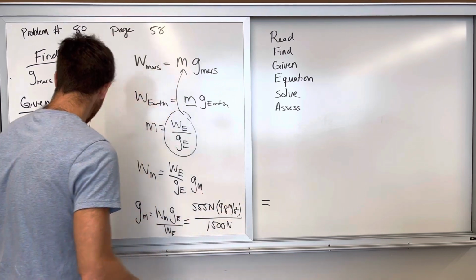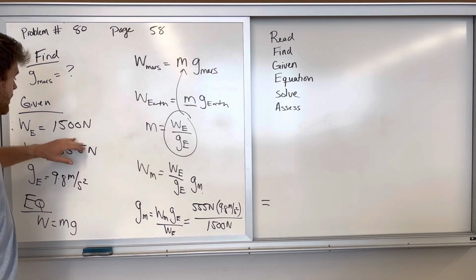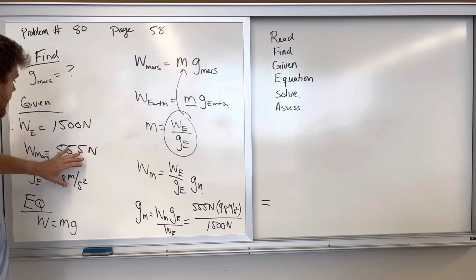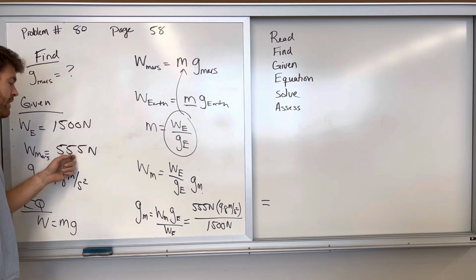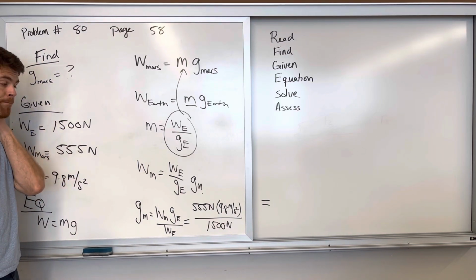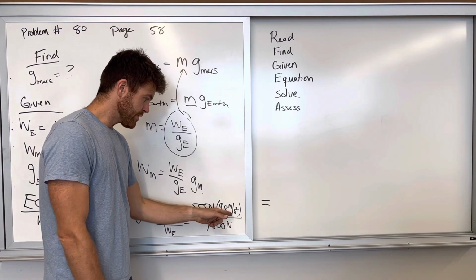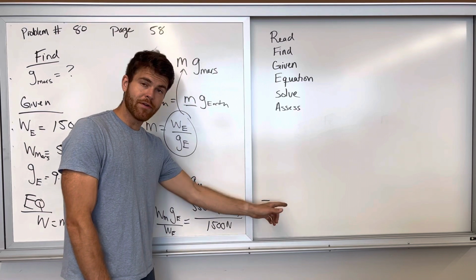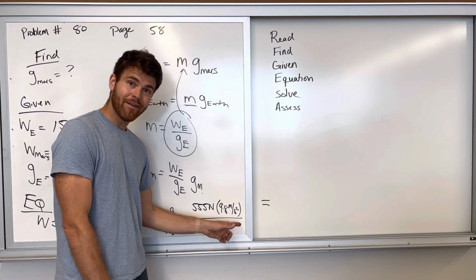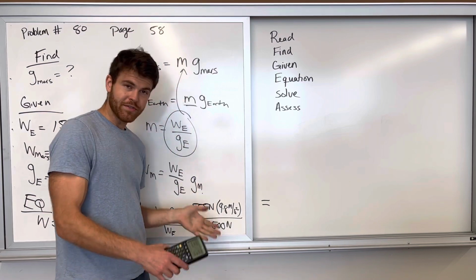And we know that because the weight of the astronaut on Mars is less than the weight on Earth. You see that this is roughly a third. The weight of the astronaut on Mars is roughly a third of the weight on Earth, so the acceleration due to gravity on Mars should be about a third of that on Earth.